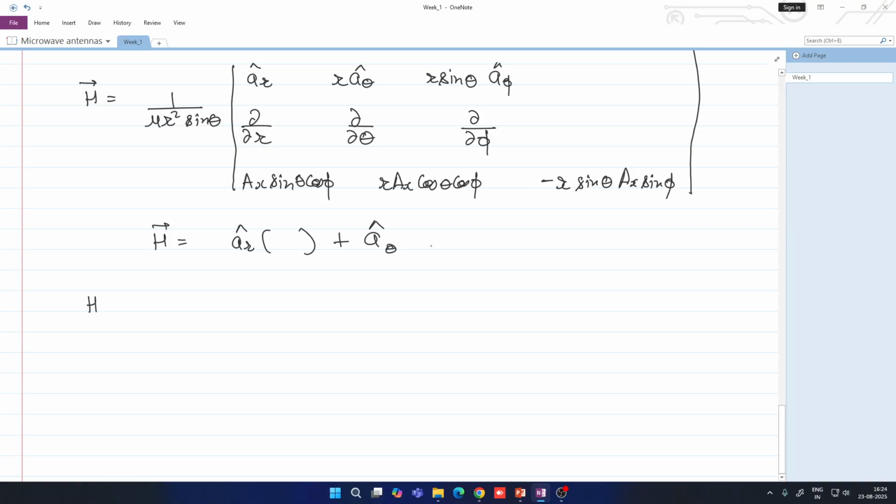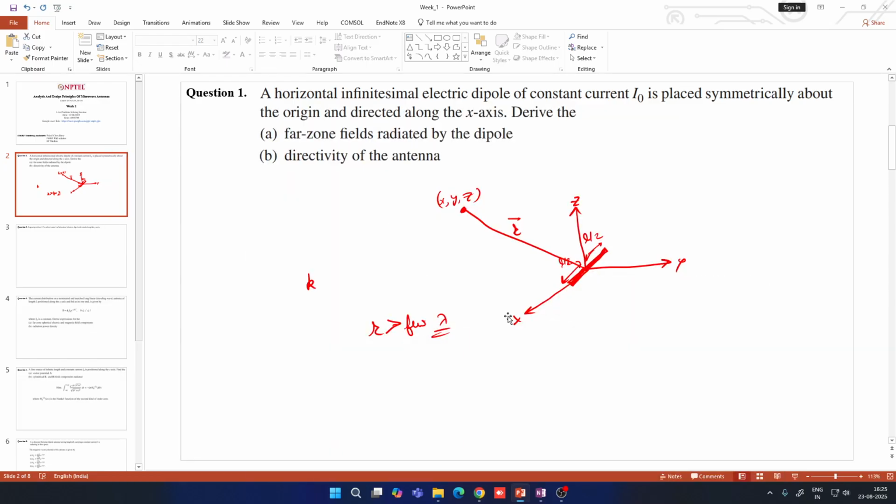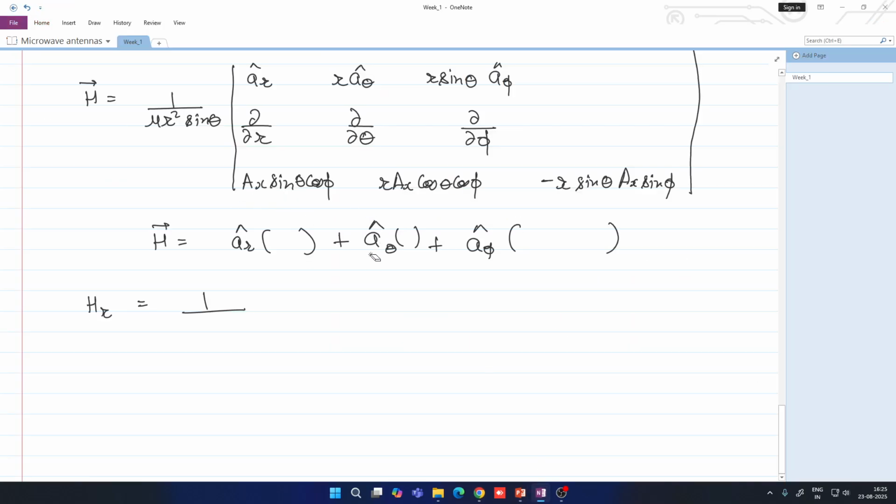So I am writing the component which is along r. Here it should be negative, right?